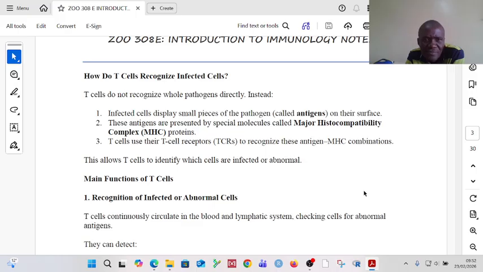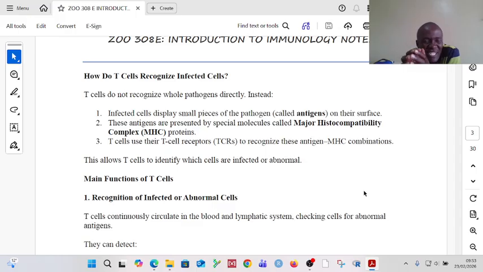Okay? So it means the T cell cannot recognize an entire pathogen. The T cell will recognize that there is this particular pathogen inside this cell, if there is a component of that pathogen, what we are calling an antigen, being displayed, okay, on the surface of that cell.